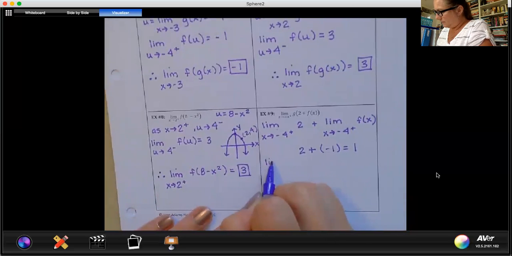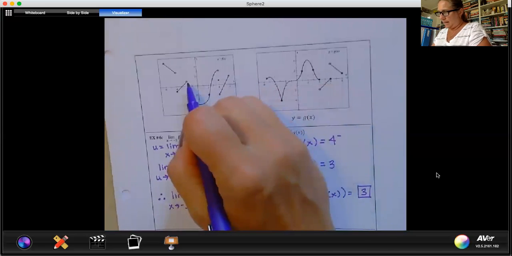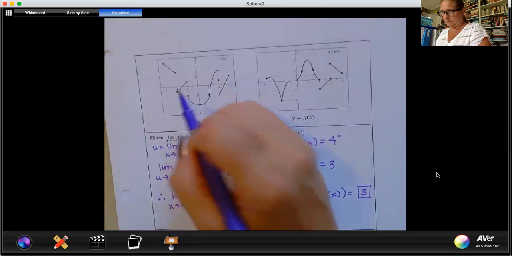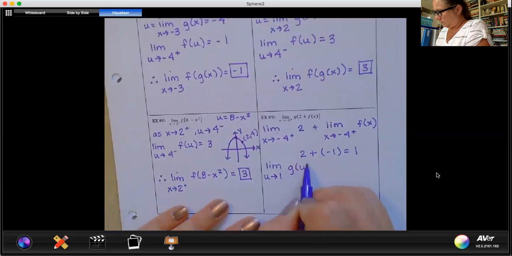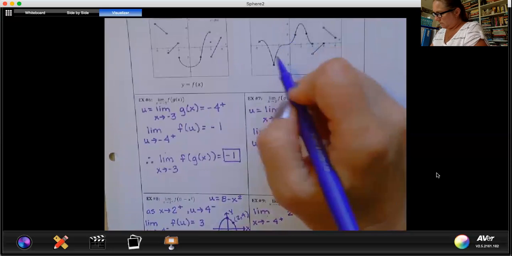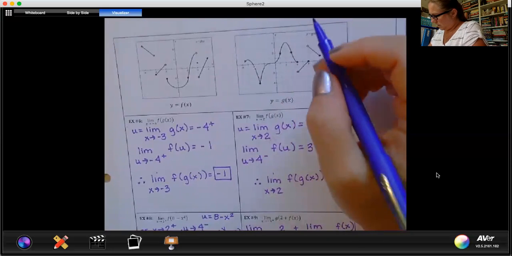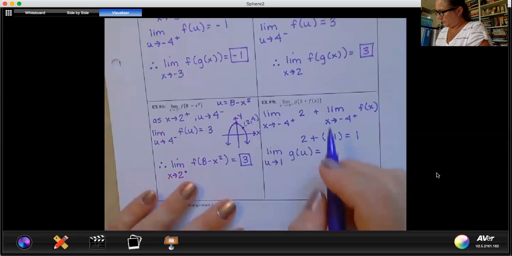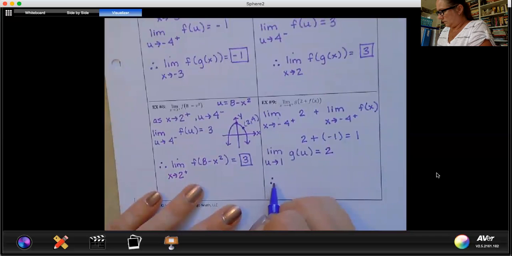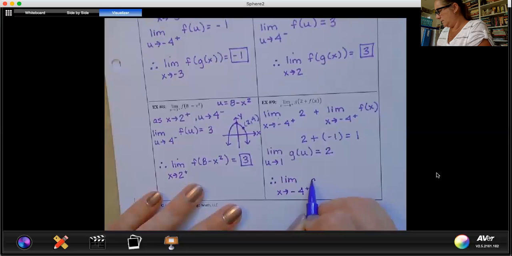Set up your new limit as u approaches 1, and we came from above. G of u. So g approaching 1 would be 2. Therefore, the limit as x approaches -4 from the right, g of 2 plus f of x is equal to 2.